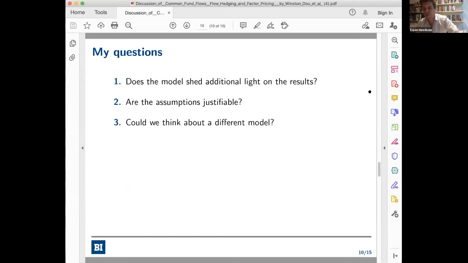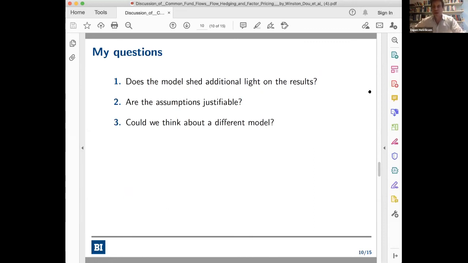So my questions to the paper are: does the model shed additional light on the results, are the assumptions justifiable, or could we think of a different model?